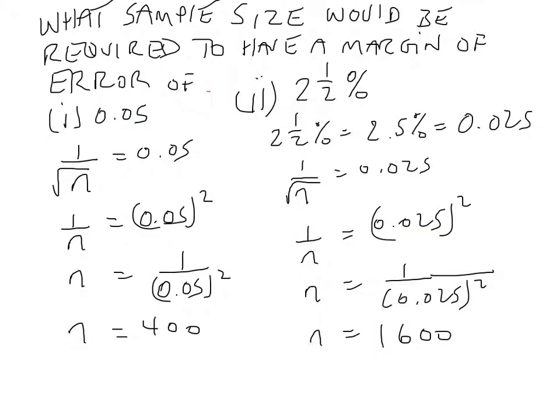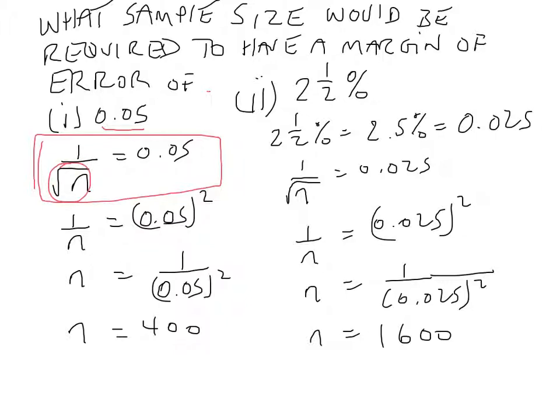Okay, let's just look at 2 examples which ask what sample size n would be required to have a margin of error E equal to, say, in the first instance, 0.05. Well, the first thing to do is to equate 1 over the square root of n equal to 0.05. We need to get rid of this square root sign here, so we square both sides.